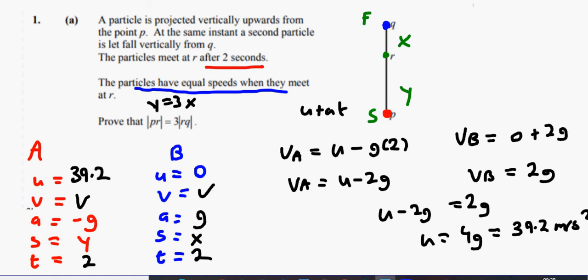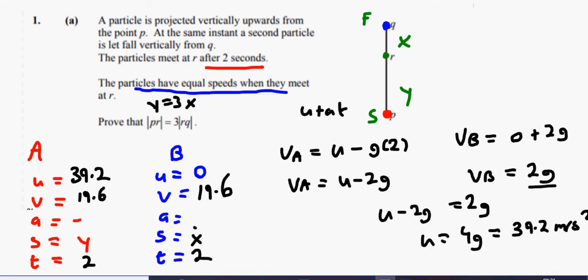What's the V value in both cases? It is 2g, which is 19.6. And then your G values, if you want to go that way, is 9.8 and minus 9.8 and plus 9.8.